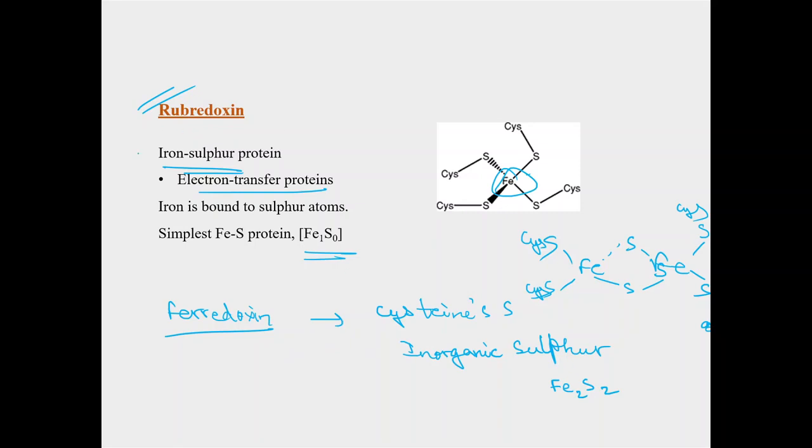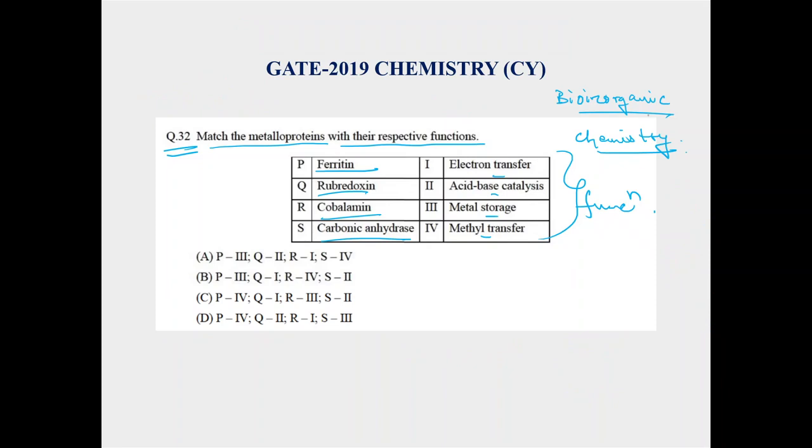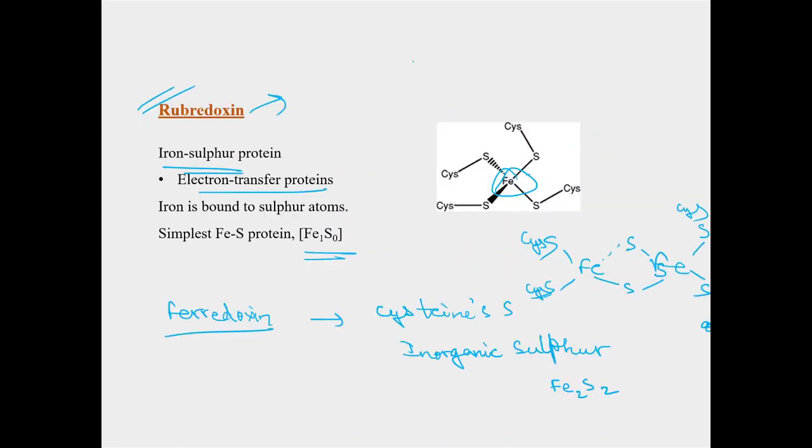As we said, these iron sulfur proteins are electron transfer proteins. So the role of this among the given options is electron transfer.